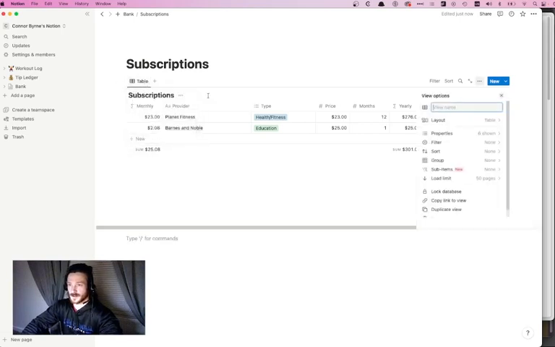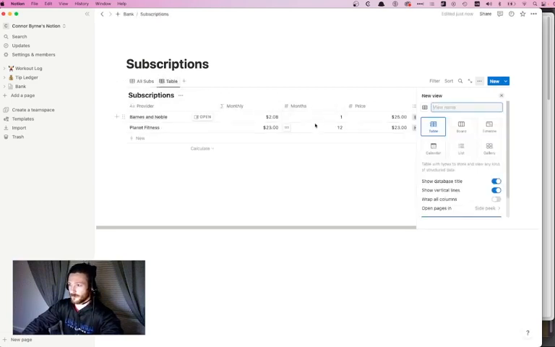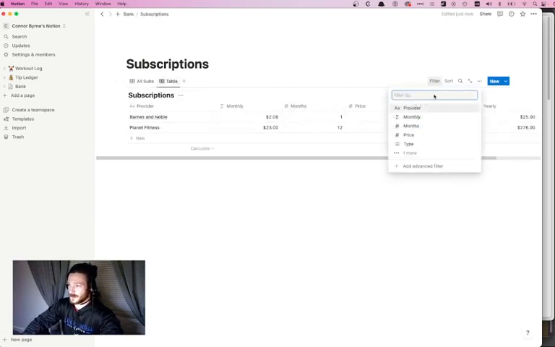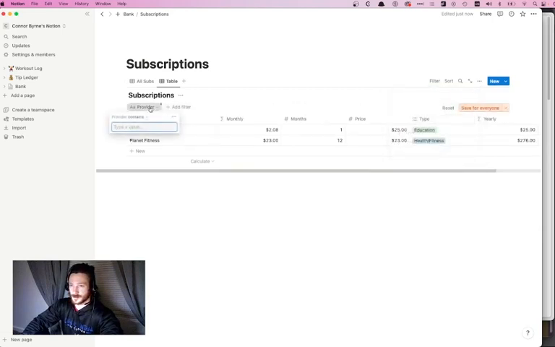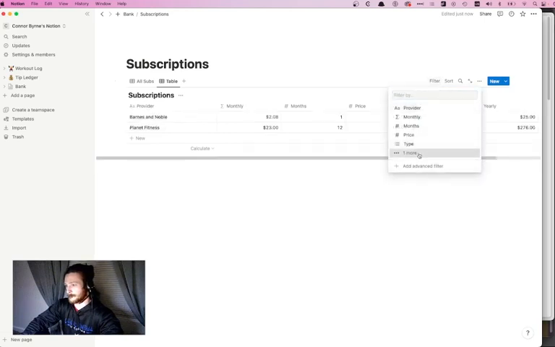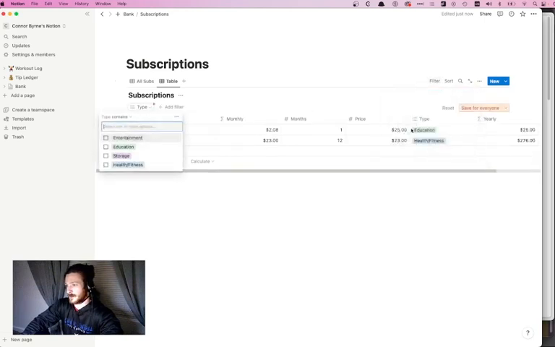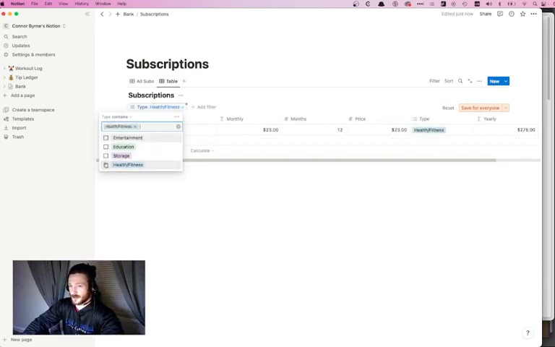So let's say this is all subs, and then maybe we have one where we filter by how much am I spending on the category, which in this case, let's say how much money am I spending on health and fitness.